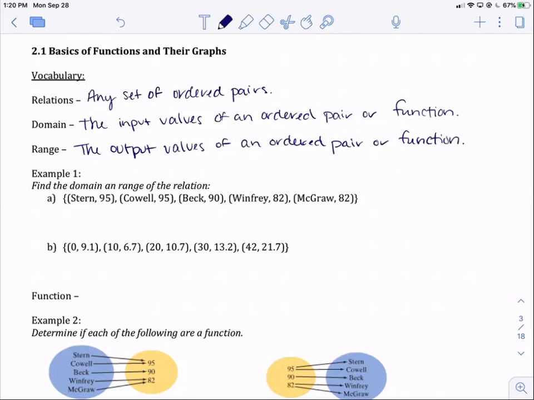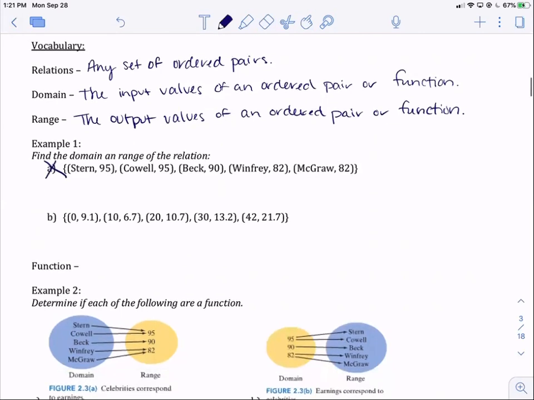So we're going to do example B. I'm going to skip A. So for B, if we want to find the domain and the range, the domain is simply all of our x values listed out with set braces. So the squiggly bracket, and then just list your x's.